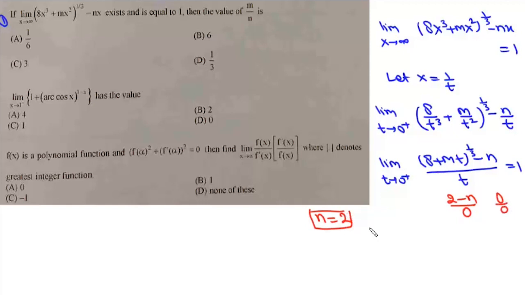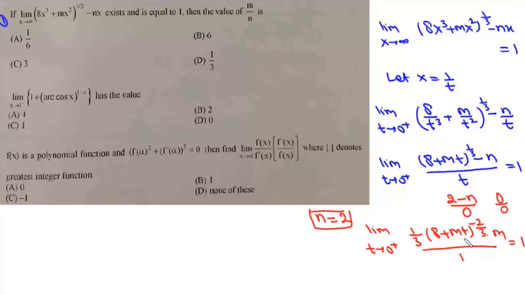We can use L'Hopital's rule. We can write limit t tends to 0 positive, 1 by 3 (8 plus mt) to the power minus 2 by 3 into m divided by 1, and it will be equal to 1.